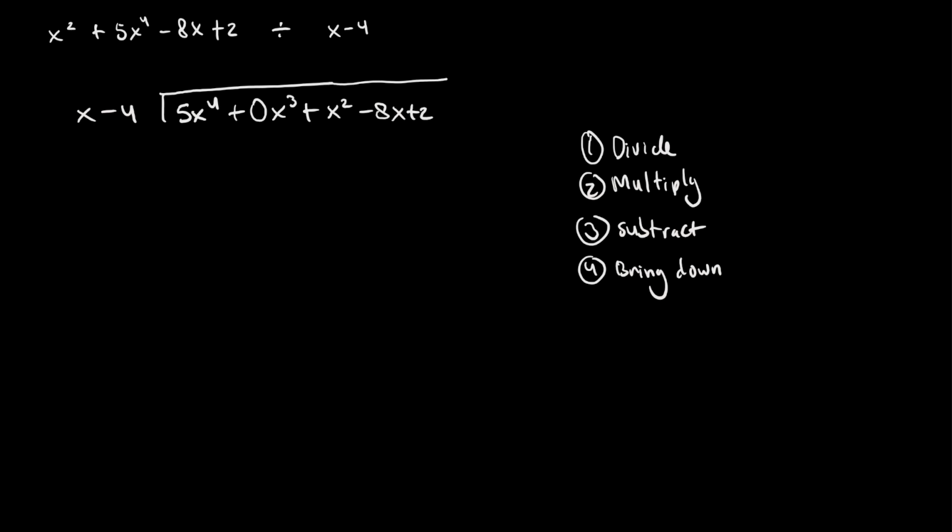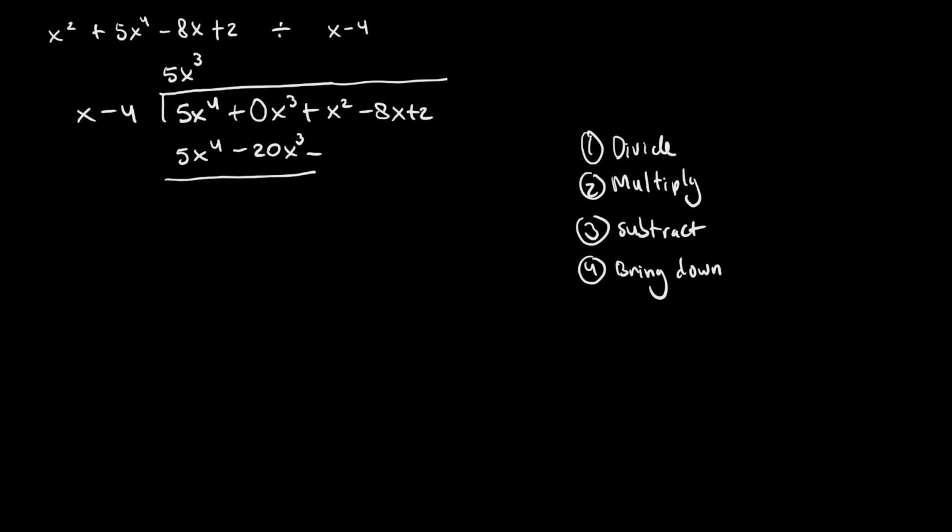So we begin with the very first step, which is to divide. So we're going to divide 5x to the power 4 by x here. So that would yield us a 5x to the power of 3. Then we would multiply. So that would be 5x to the power of 4 minus 20x to the power of 3.